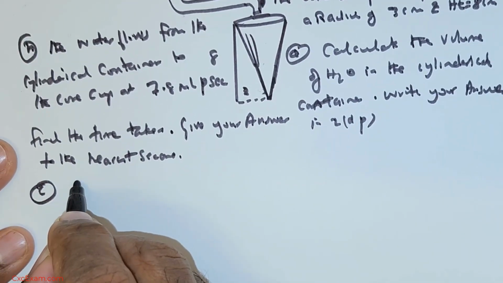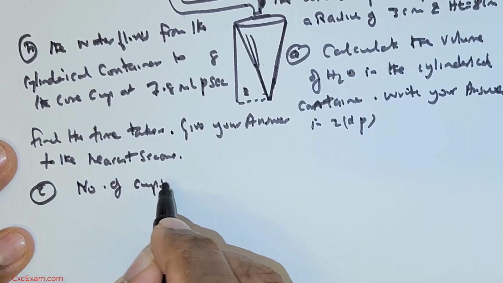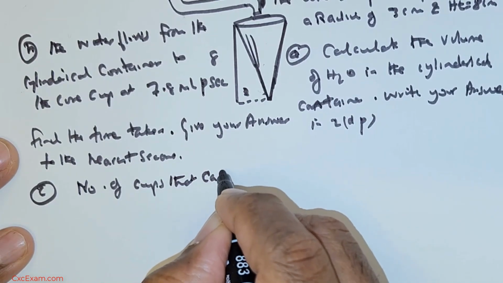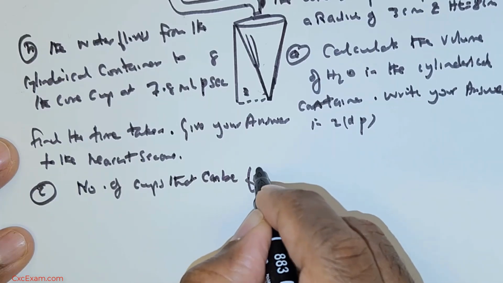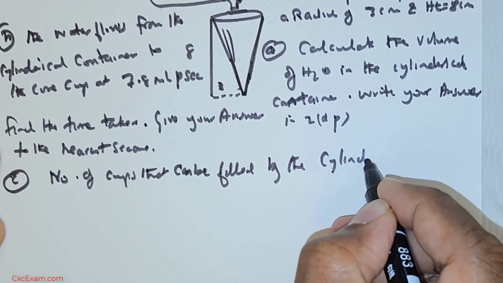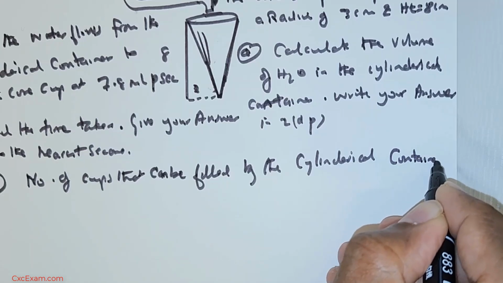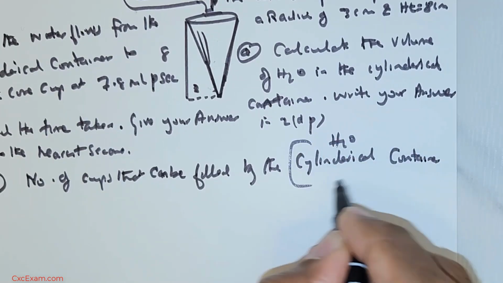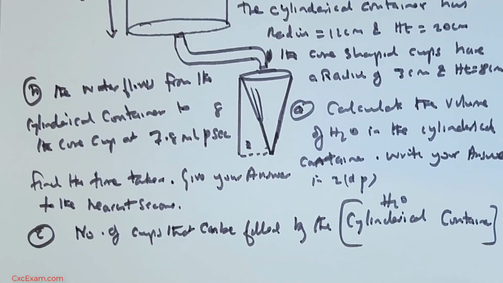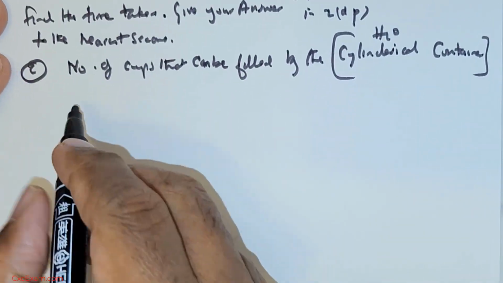So finally they are asking us the number of cups that can be filled by the cylindrical container. So what does it mean by the water in the cylindrical container, right? So all of these informations are required and we are going to do these one by one. So foremost, let me write the data.